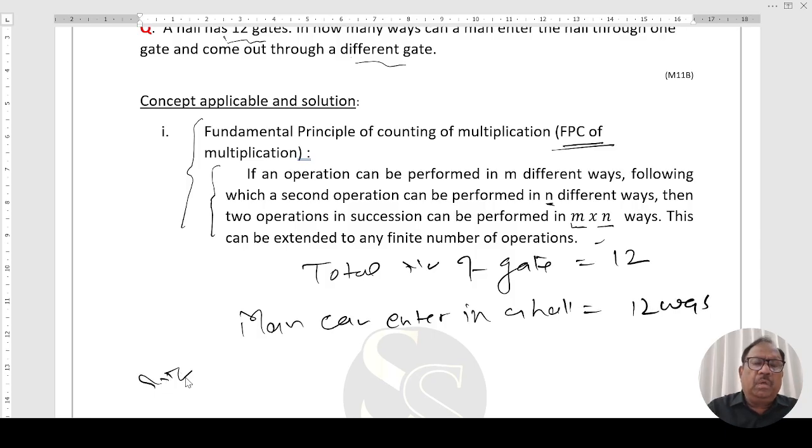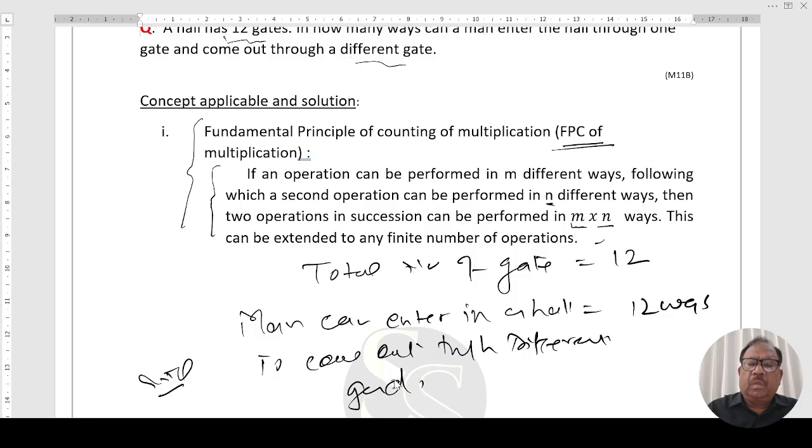According to the question, to come out through a different gate, one gate is already utilized, so the pending ways are 11.